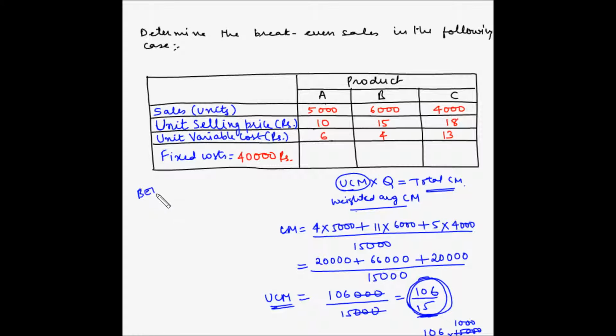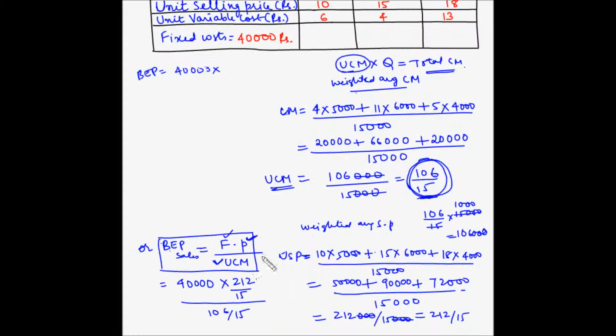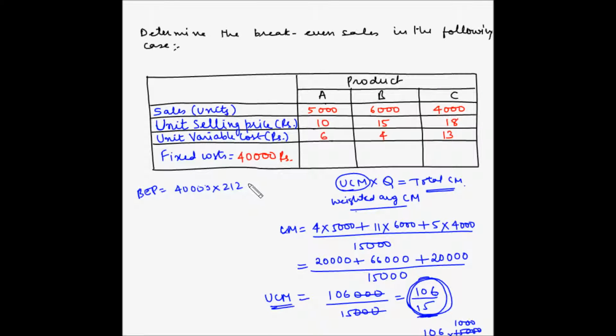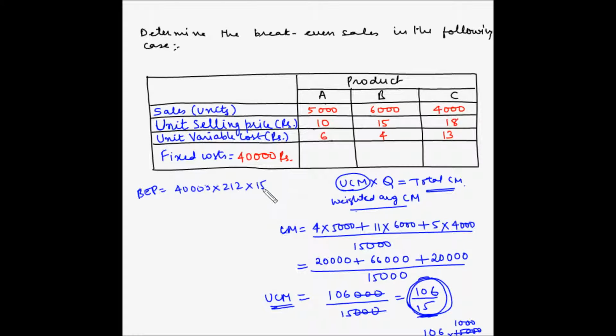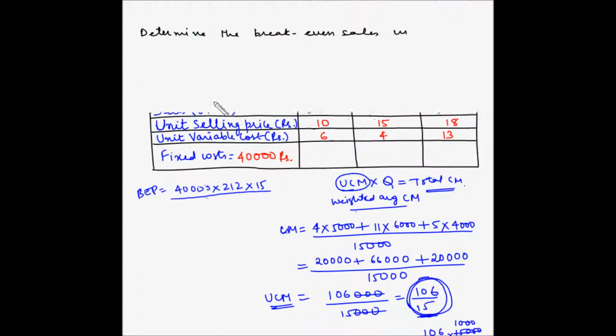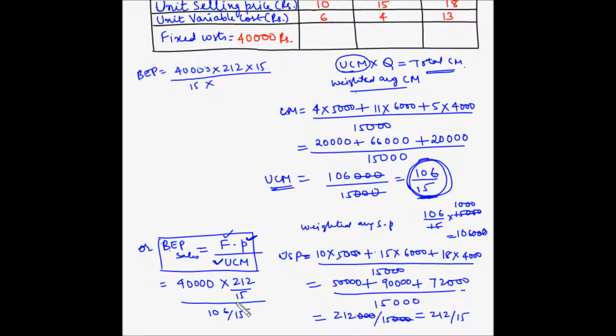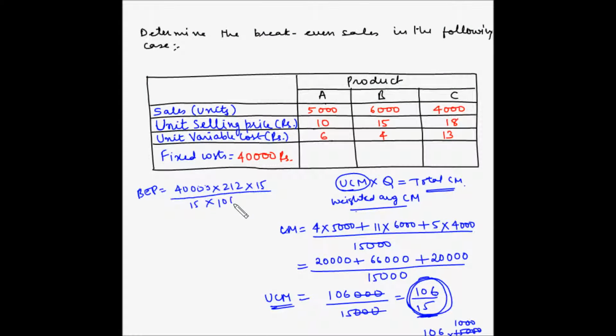So BEP is equal to 40,000 multiplied by, so we'll have this 212 in the numerator, so 212 multiplied by, so here we have 106 divided by 15, so this 15 can come on the numerator, so this becomes 15, and then divide by, so first we'll put the denominator for 212, which was 15, multiplied by the numerator of the expression in the original denominator, which is 106. So this is equal to, now 15 gets cancelled with 15.